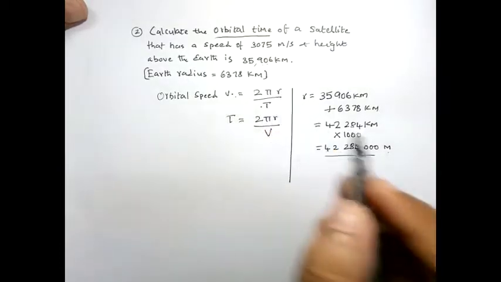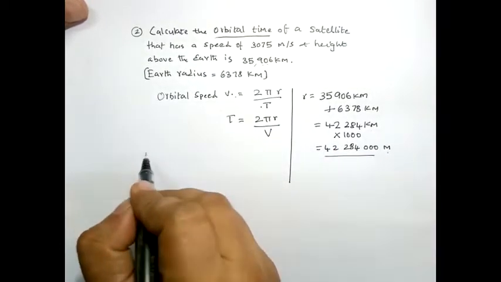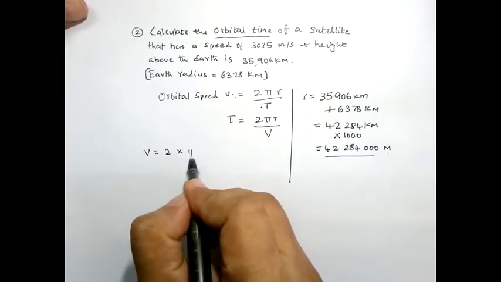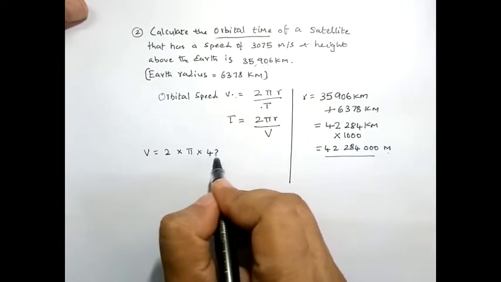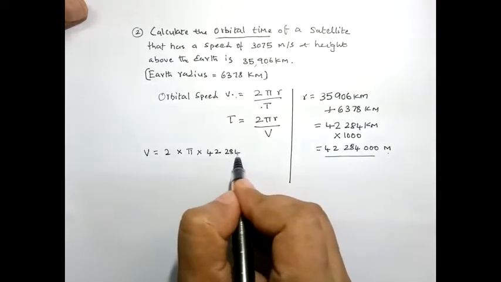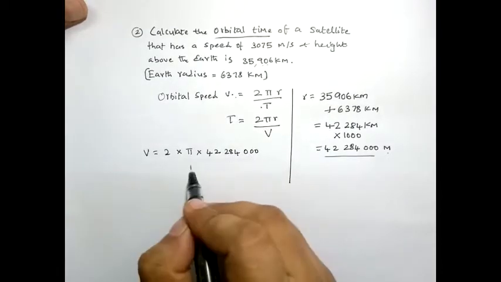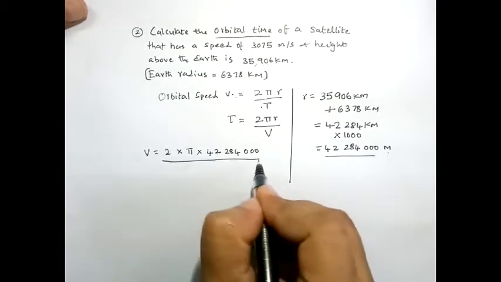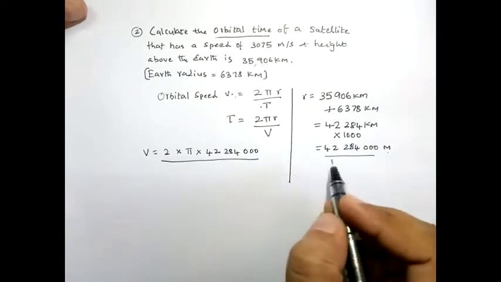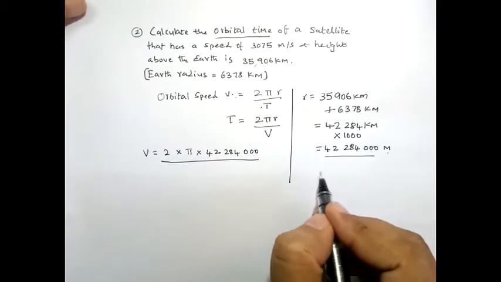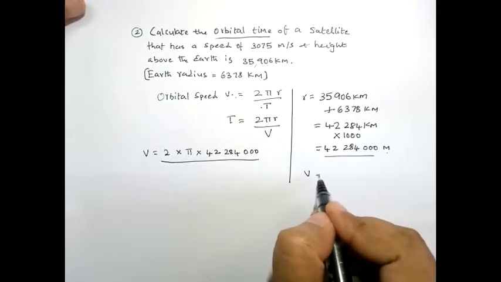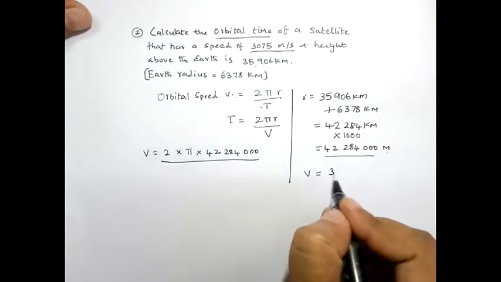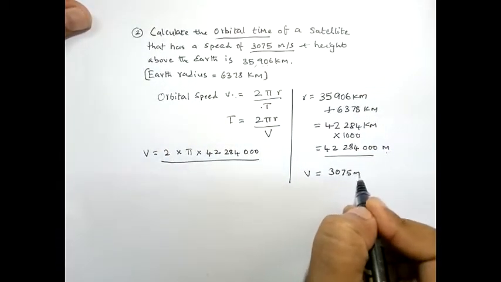So this is the r. Let us substitute: t equals 2 into pi into 42,284,000 meters divided by v. So what is v? Do we have to do a conversion here? No, because we directly have the speed here, which is 3075 meters per second.